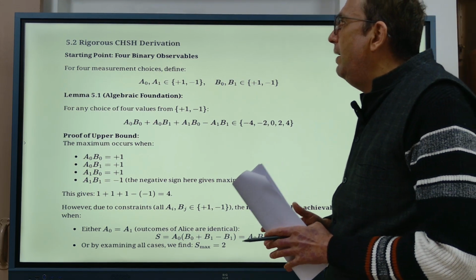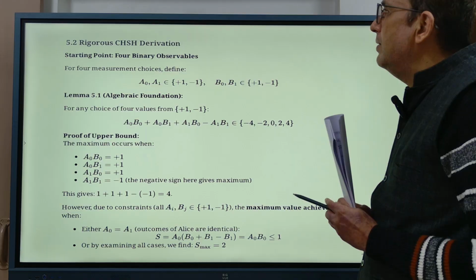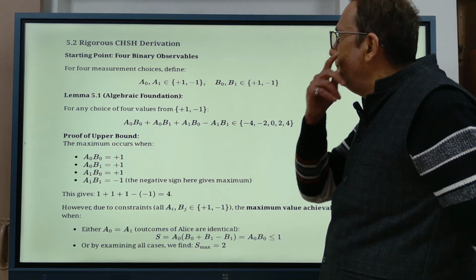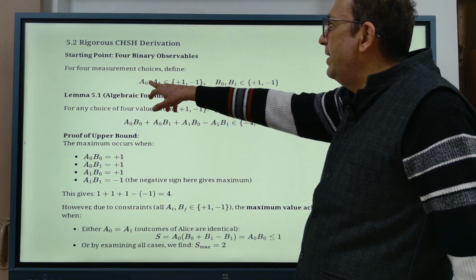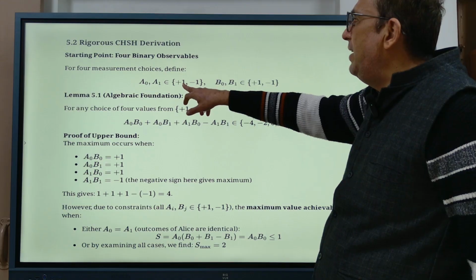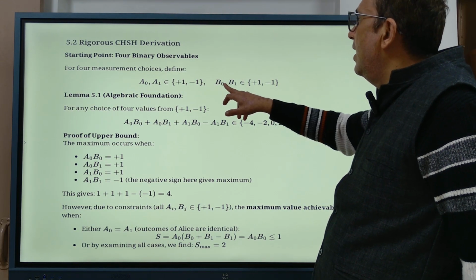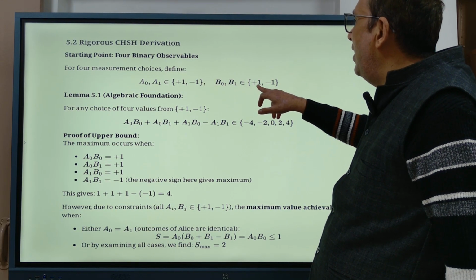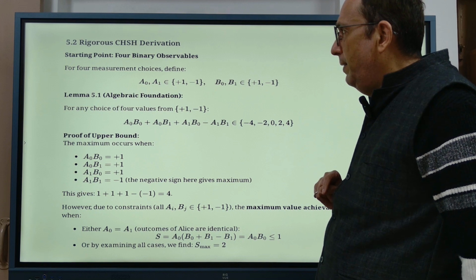So let us talk about this for a while. Four measurement choices are there. A0 and A1 can have values plus 1 or minus 1. Similarly, B0 and B1 can have values plus 1 or minus 1.